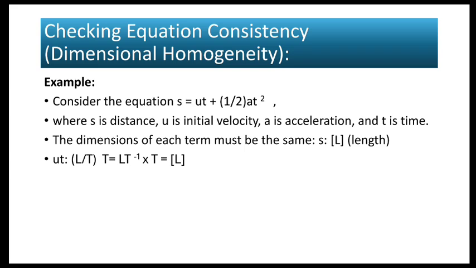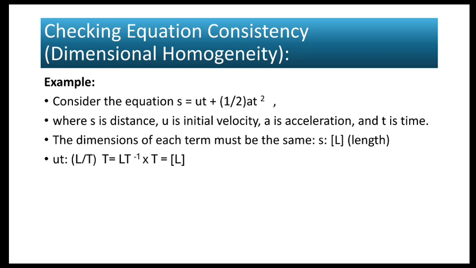So numerator t and denominator t get cancelled, and we are remaining with capital L. Did you understand? S came with L dimension formula and ut also came with capital L.